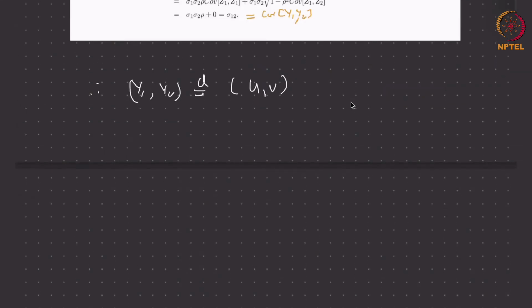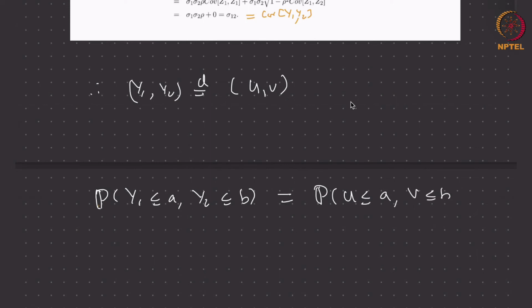So all the probabilities of y1 and y2 are the same as those of u and v. That's the key claim here, right? We know that the probability that y1 is less than or equal to a and y2 is less than or equal to b is the same as the probability that u is less than or equal to a and v is less than or equal to b. So this implies that for all a, b in the reals, this is true.